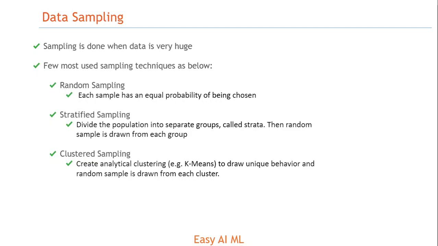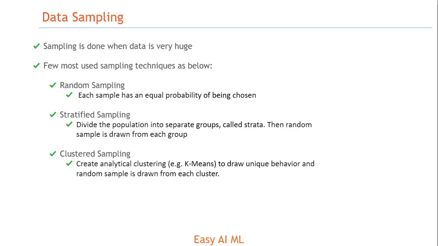We have discussed this. So the most used sampling techniques are random sampling, where each sample has an equal probability of being chosen. Stratified sampling, this is a more accurate way of doing sampling, where we divide the population into separate groups called strata.